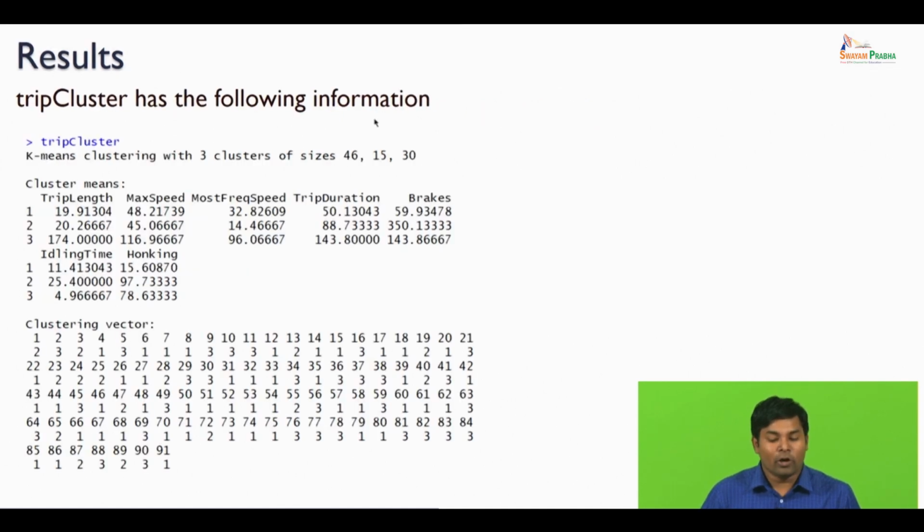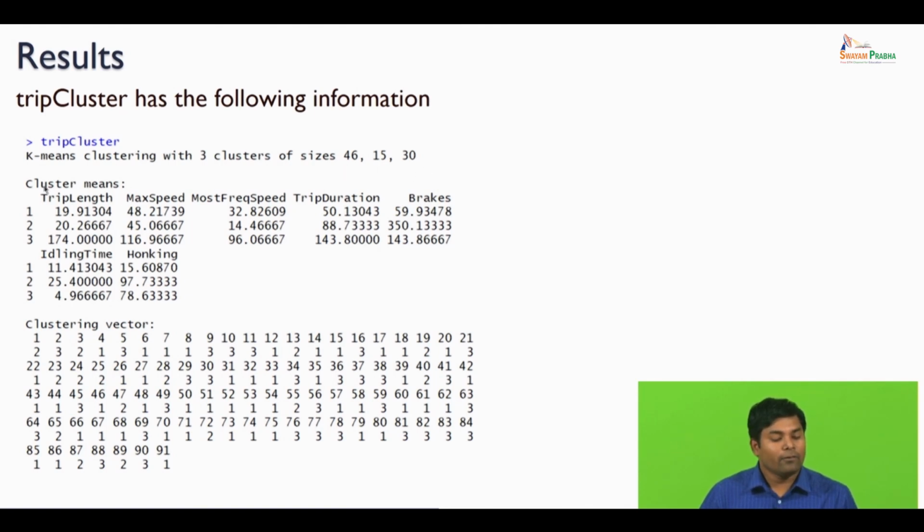Trip cluster has the following information. The first line gives you that it has clustered the data into 3 clusters of sizes 46, 15 and 30, and if you sum this up, you end up with the total number of rows in your data frame, that is 91. You can verify that.